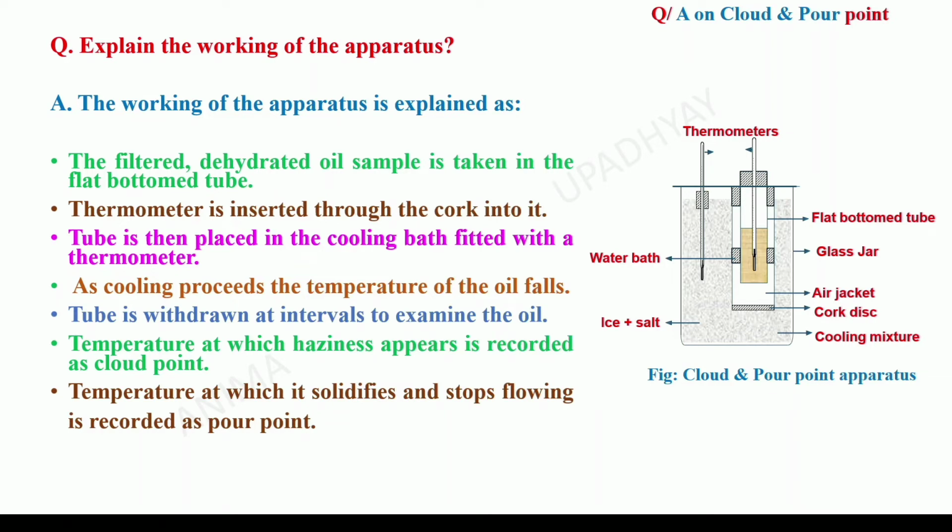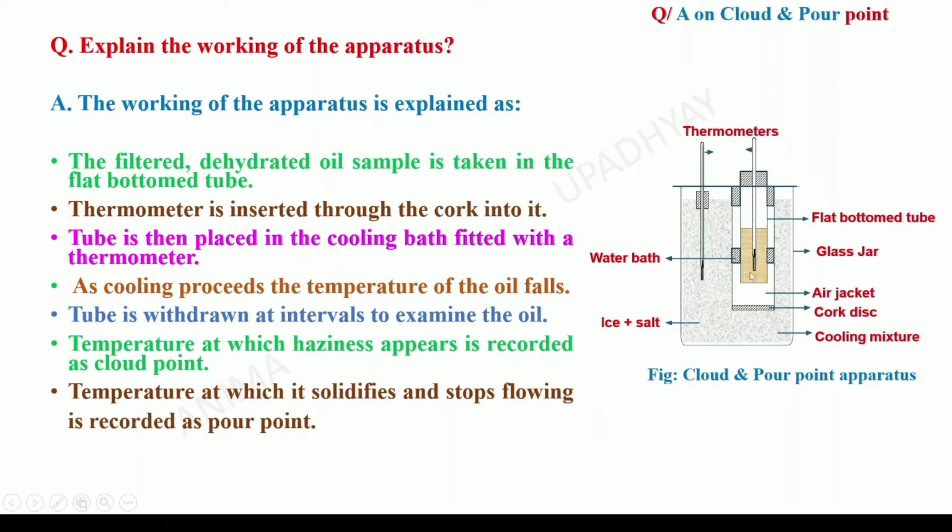Then it is filtered and taken in the flat bottomed tube. Then a thermometer is inserted in this oil with the help of this cork. There is a hole in this cork through which the thermometer is inserted in the flat bottomed tube containing the oil.